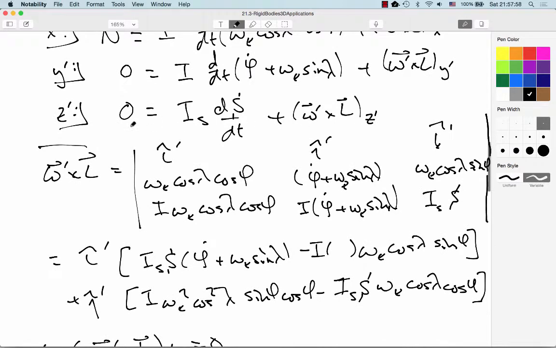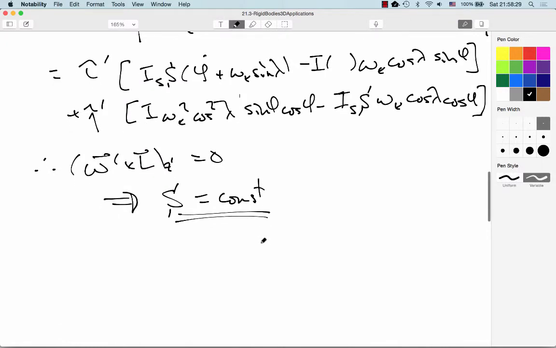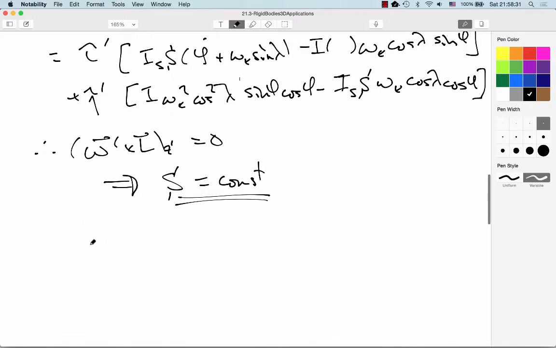So going back to what we had here, if this term is 0, I_s is a constant, so that means ds/dt is 0, and that therefore implies that the spin is a constant. Yay! Now, for any kind of practical application, and also to try to make this much more computable, usually you spin the gyros up to be spinning at like the hundreds or usually thousands of RPM.